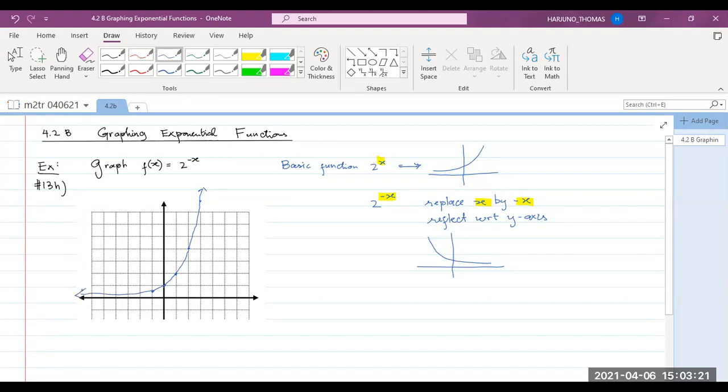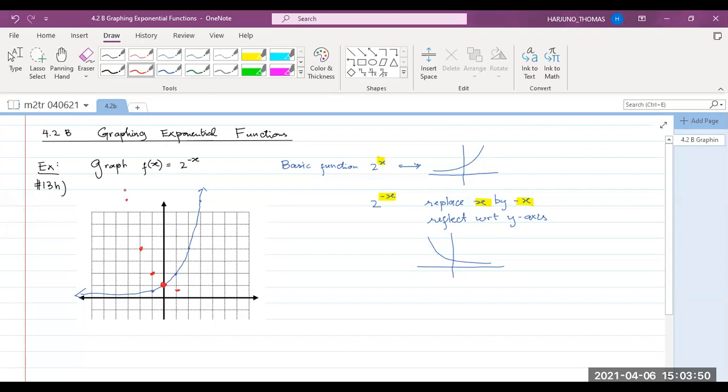Now then, when you reflect with respect to the y-axis, then the y-intercept, of course, stays the same, right? 1 comma 2 becomes negative 1 comma 2. Negative 1 comma 1 half becomes 1 comma 1 half, and so on and so forth.